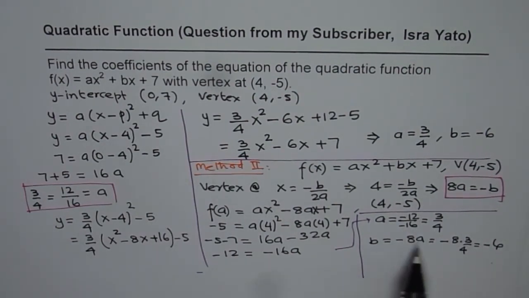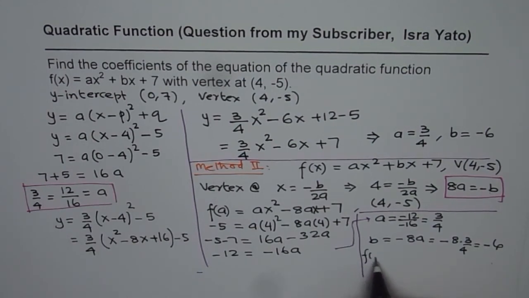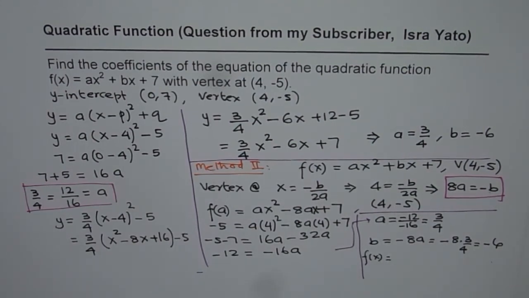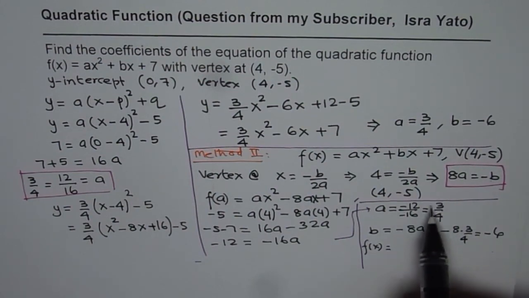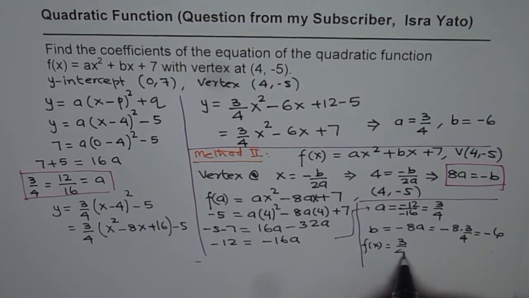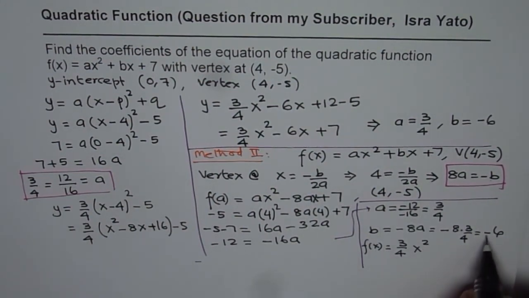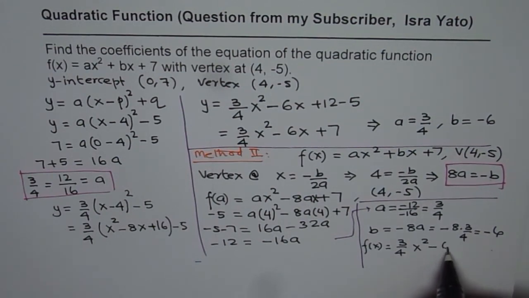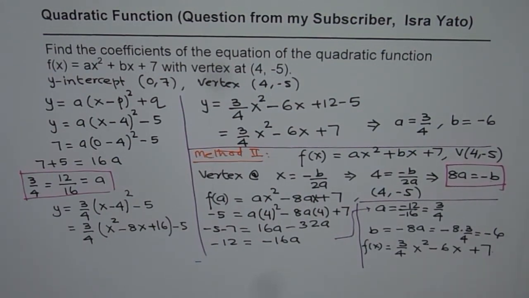That gives our equation: f of x equals 3 over 4 x squared minus 6x plus 7. Exactly the same equation, but by the second method.